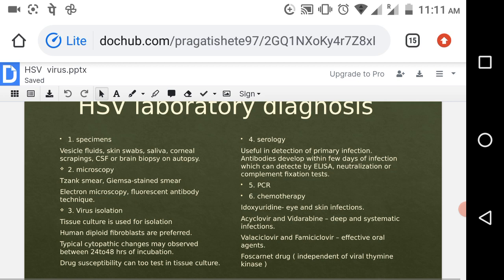So what are the Tzanck cells? These are giant, large cells having faceted nuclei, clear enough nuclei, and homogeneously, equally stained chromatin, ground glass. These cells are called Tzanck cells, and we observe these cells, and that is why the smear is called the Tzanck smear.